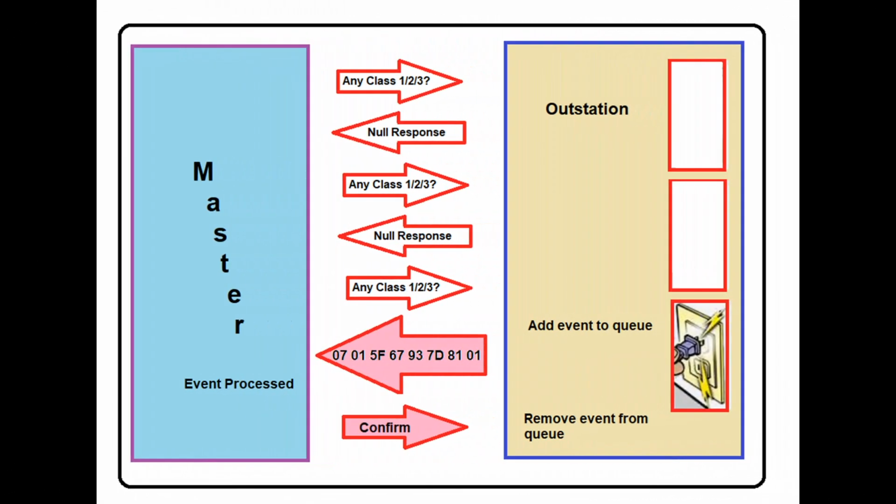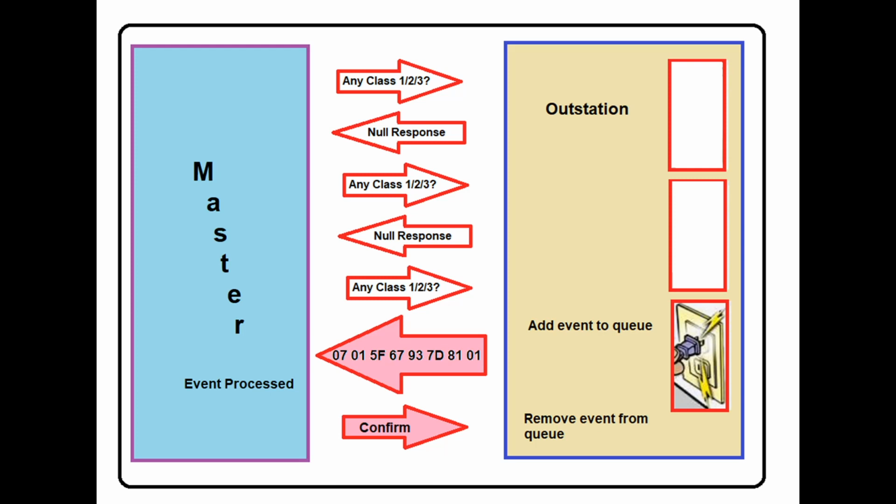As we will see, there is really not much difference between sending event data to the master with a normal solicited request-response sequence or via unsolicited reporting. In a typical solicited polling sequence, a master sends a request for class 1, 2, and 3 data. The outstation responds with whatever events it may have.